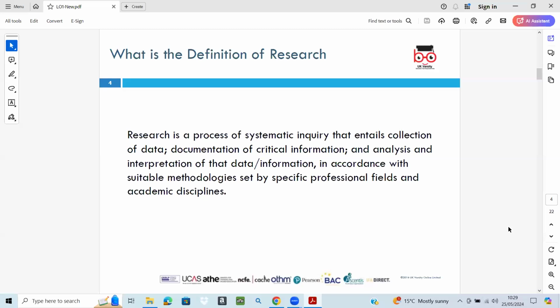This process is carried out in accordance with suitable methodologies set by specific professional fields and academic disciplines. This is the important aspect, and this is the definition of research. And now we move to the next slide.